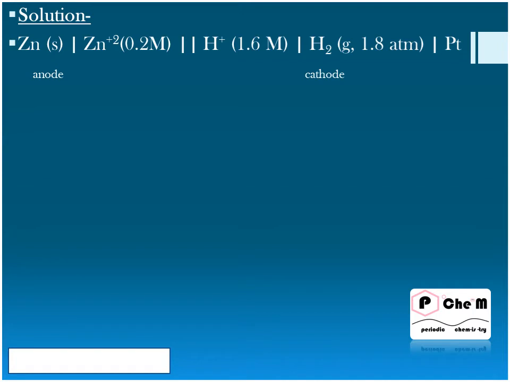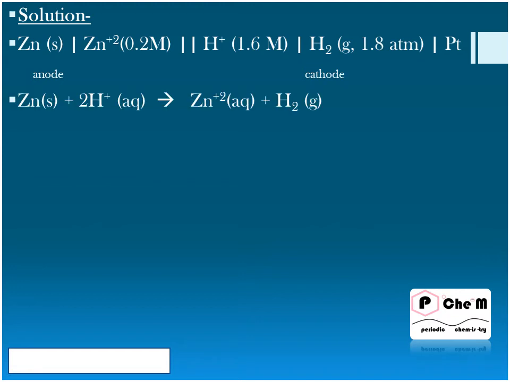I have discussed in detail about the balancing of the reaction in my previous video. You can click on the i button on the top left corner of this slide to watch that video. So here we can see that after balancing this equation, we get 2 as a coefficient for H+, and the charges here are balanced on both the sides of the reaction.